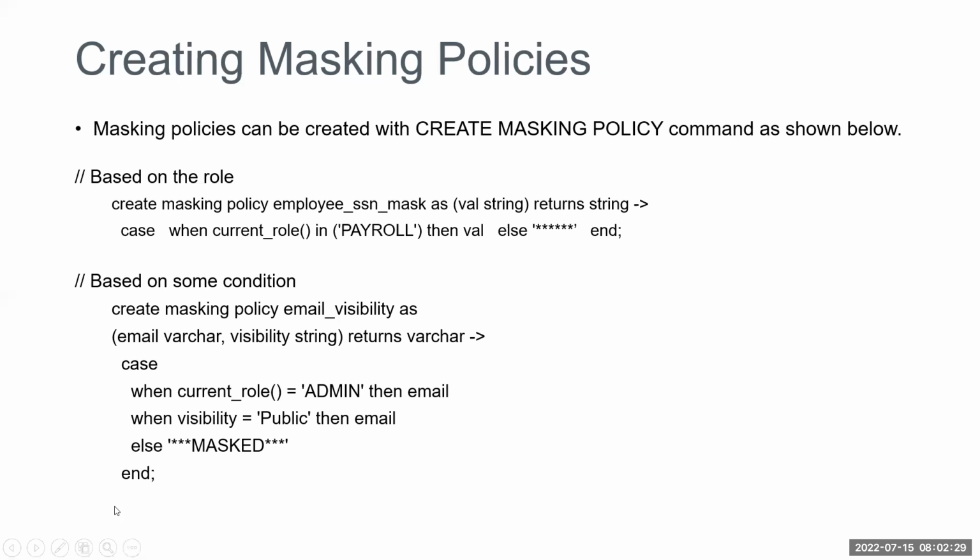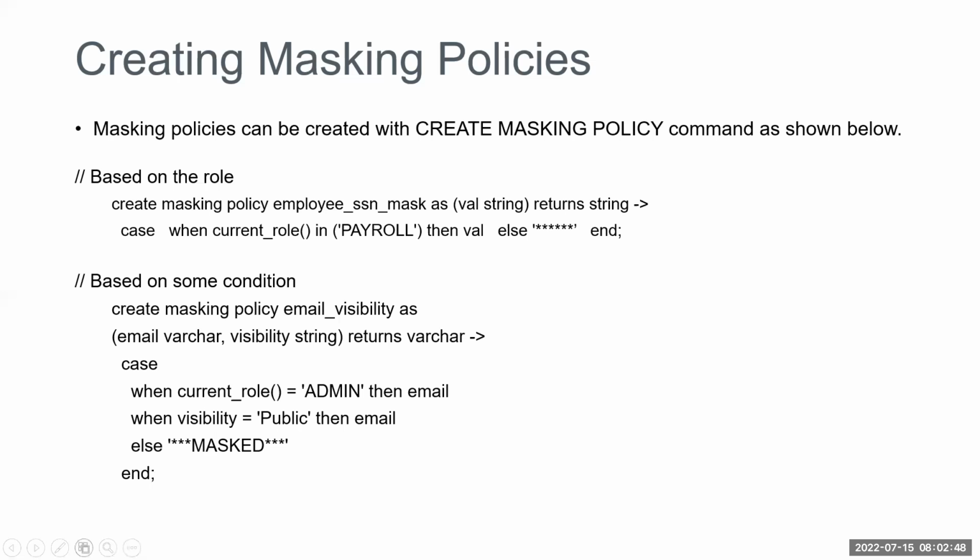So when visibility equals public, we can apply this to only some number of rows, where the visibility column equals public. Then display the actual email.